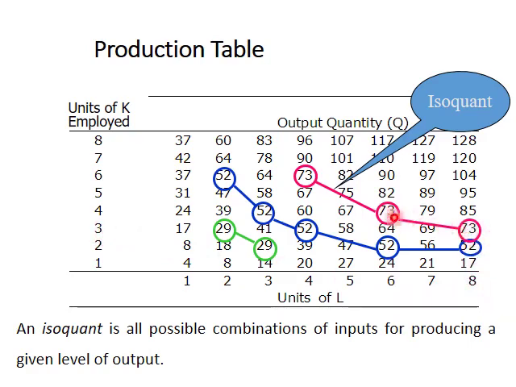So this line is an isoquant curve, which shows different combinations of the inputs that provide the same output. This is what we call an isoquant curve.